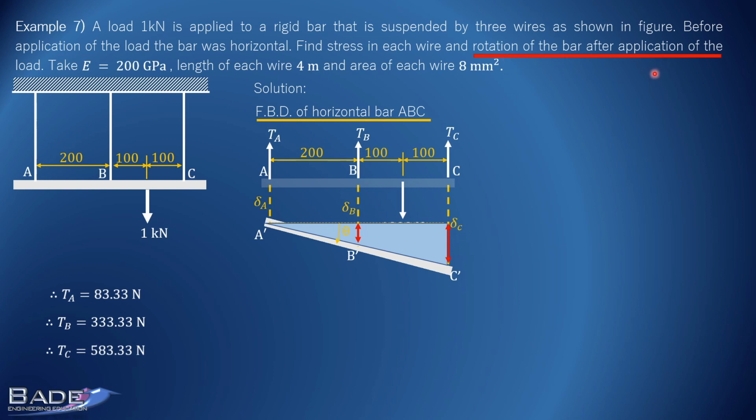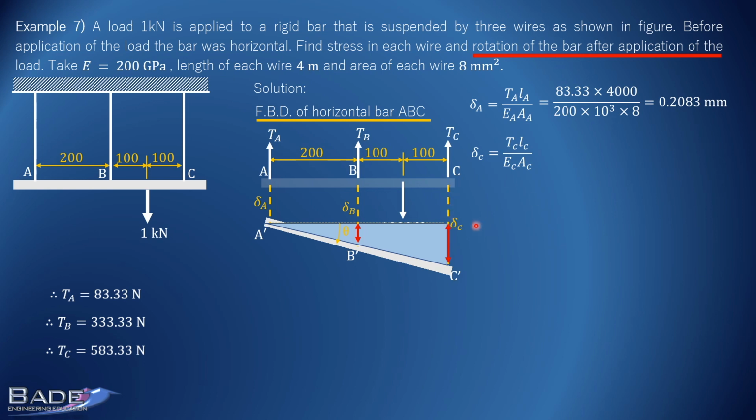Rotation of the bar after application of the load. So delta A is TA LA upon EA AA. Just put the corresponding values, and take care of units while substituting. And this is the deformation of wire A, elongation of wire A. So this length we know.